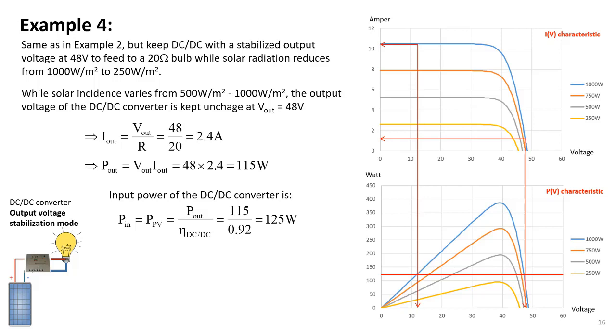And thus, Pout of the DC-DC converter is Vout times Iout and equals 115 watts.